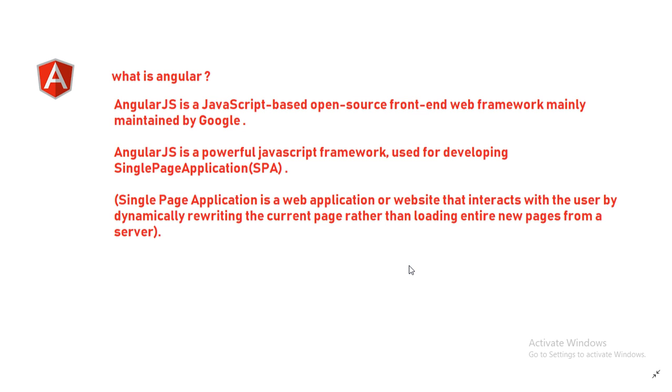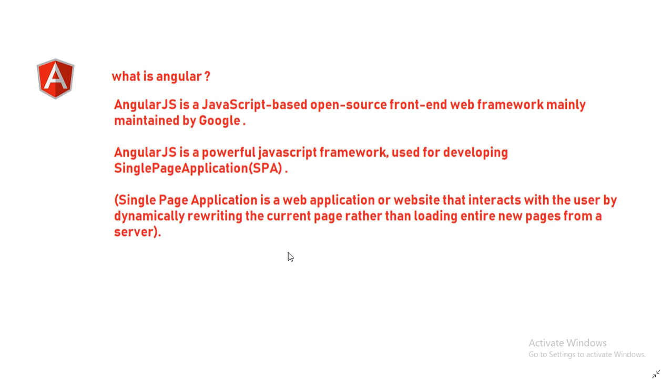Okay, here is the question: what is the meaning of single page application? So here's the definition. A single page application is a web application or website that interacts with the user by dynamically rewriting the current page rather than loading entire new pages from a server. Let's take an example.